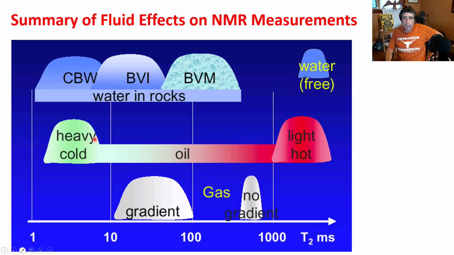Okay. Now, this is just a summary cartoon, a descriptive summary of what to expect for the different fluids. And on the x-axis, we have the T2 distribution in milliseconds. When you have just free water, like in a bottle of water, it will relax at about 3,000 milliseconds. That's what we see.